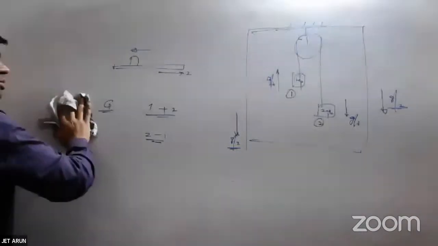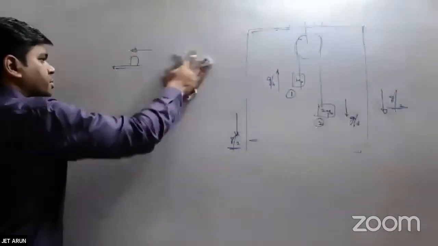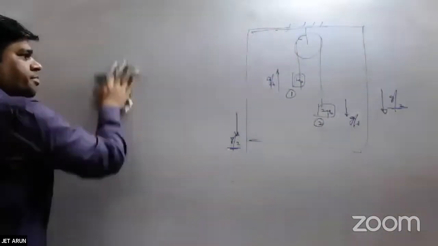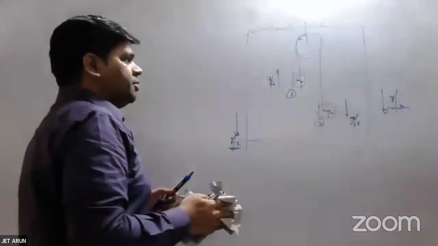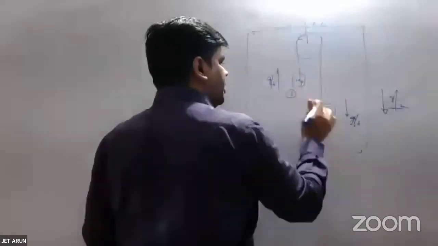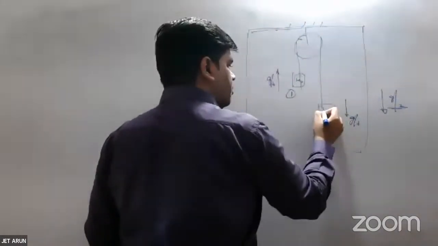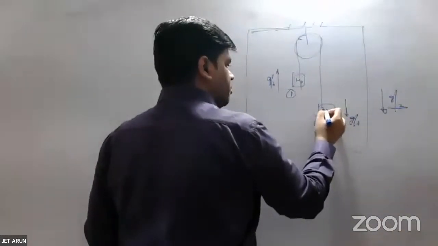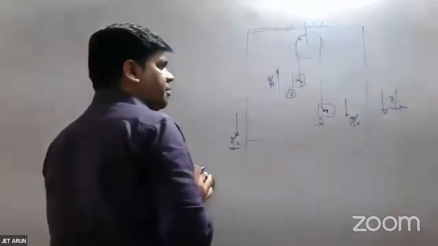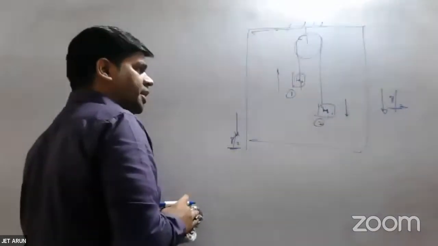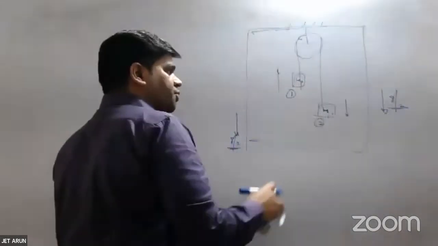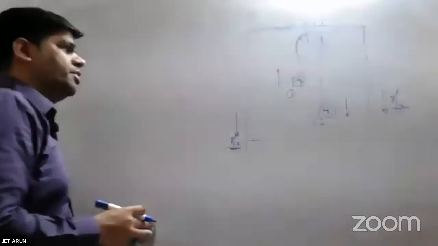All right. Okay, now the question is, masses are m0 and m, required to find m such that this particle 2 is at rest with respect to ground.